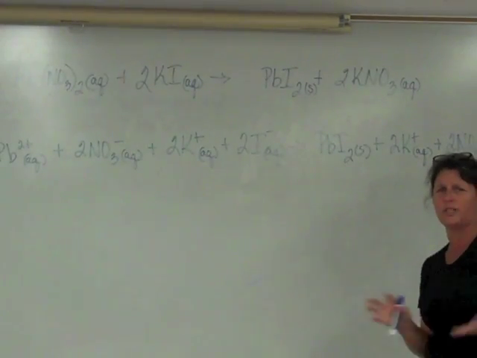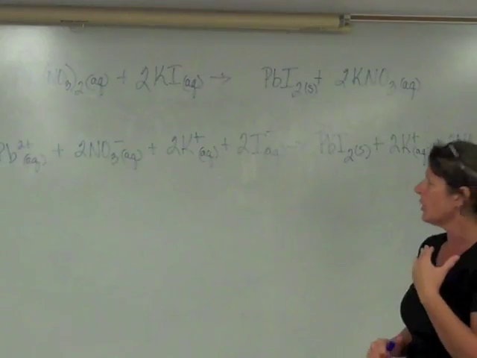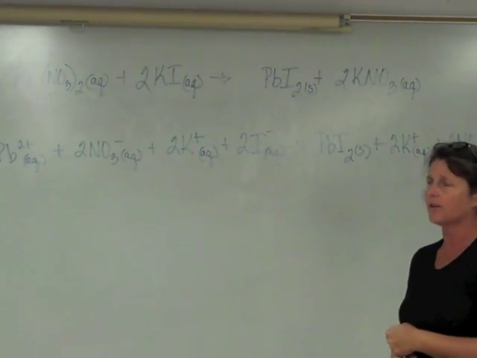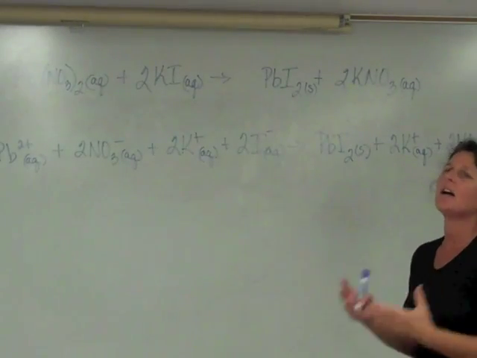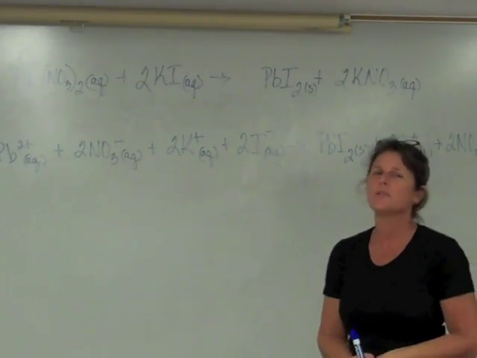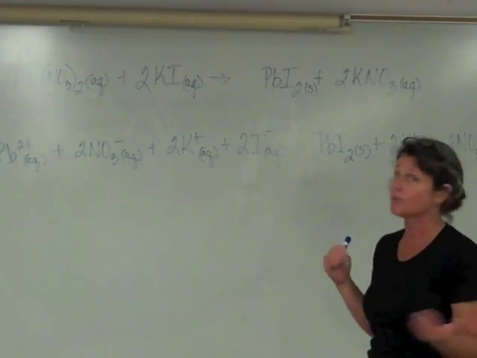They're just floating around. They are spectating. So the last bit we're going to do here, you guys, is write a net ionic equation. And in the net ionic equation, what we do is we get rid of what we call our spectator ions. Our spectator ions are just watching. They're spectating.